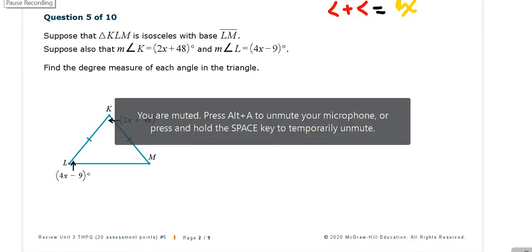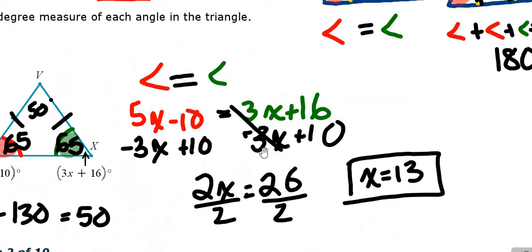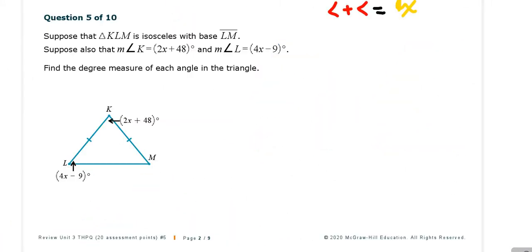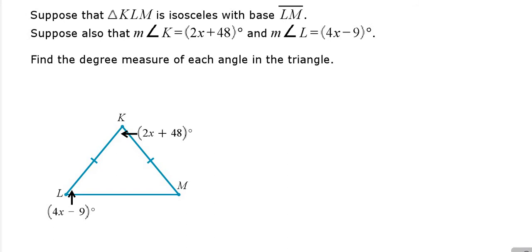So problem 5 is an example of another variation that I warned you about of these 2 triangles. So taking a look here at number 5, if we have 2 equal sides, you have 2 equal angles. So in this case, these 2 angles are equal. So if this angle is 4x minus 9, this angle must also be 4x minus 9.